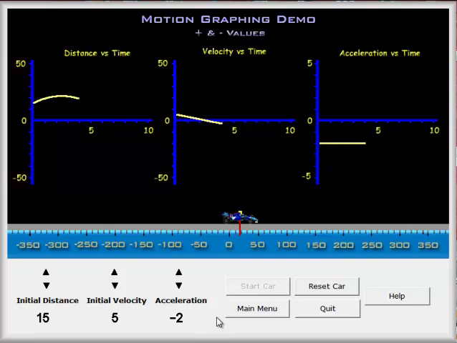And what you will see is not only the motion of the car based on its motion values, you also get to see the dots that it would make every second, and you also get to see exactly what the curves would look like. There are worksheets where the students try to fill in exactly what they think the graphs would look like, and then you can set the values and see whether the students are getting the correct answer or not.